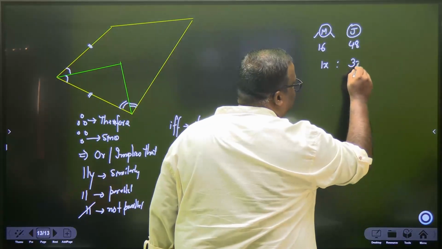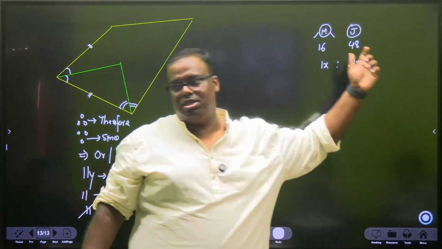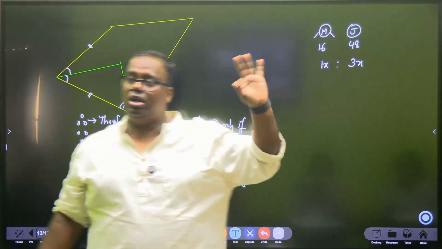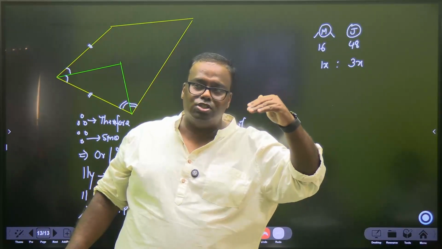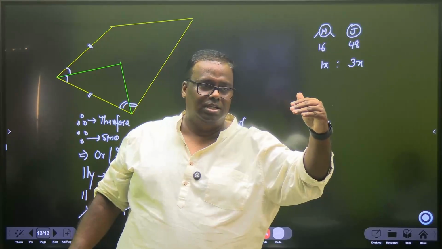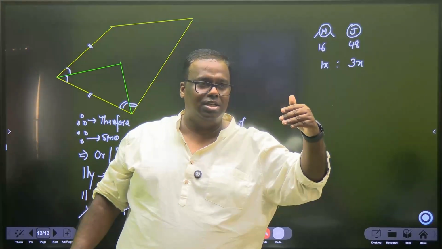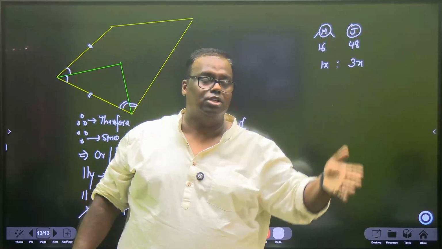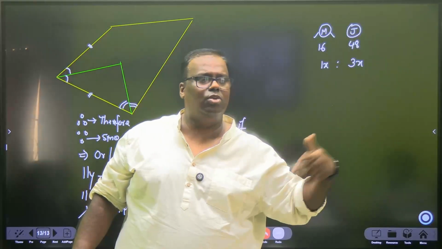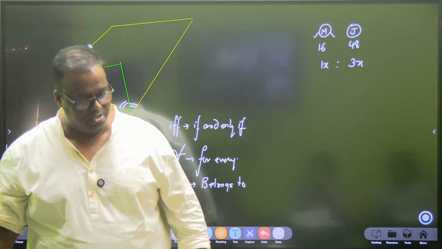X, X. Whenever a ratio problem comes, an X comes into this. So if 4 angles are in the ratio of 1:2:3:4, the angles are actually 1x, 2x, 3x, 4x. So 3 plus 4 is 7x. 7x plus 2x, 9x plus 1x, 10x. 10x is adding up to 360. So each x is 36. And on the basis of that, you can allocate. Okay? So you know that.